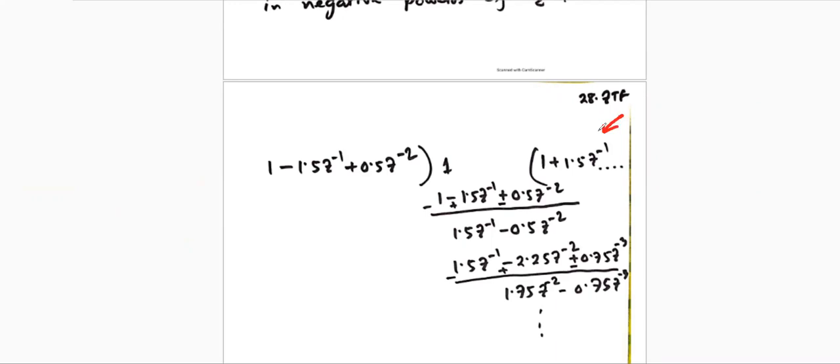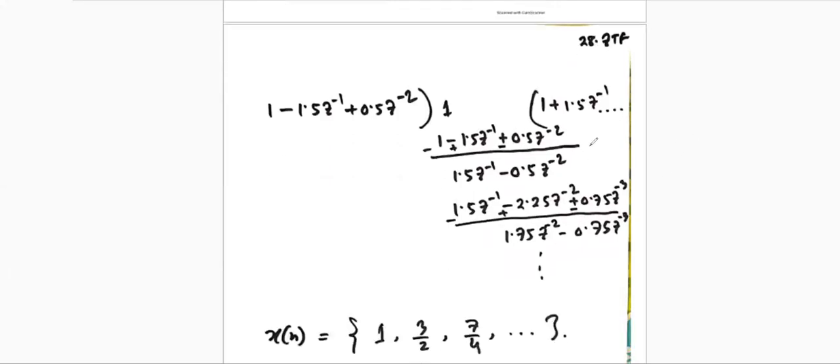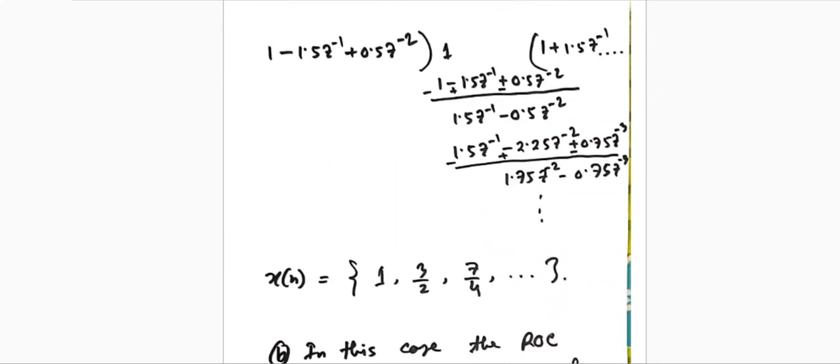That should be a z to the power minus value. Okay. I'm not explaining these steps because you can do it better than me. And after doing this, we have found this kind of expression: 1 plus 3/2 or 1.5 z to the power minus 1 plus 7/4 z to the power minus 2 plus it goes on.